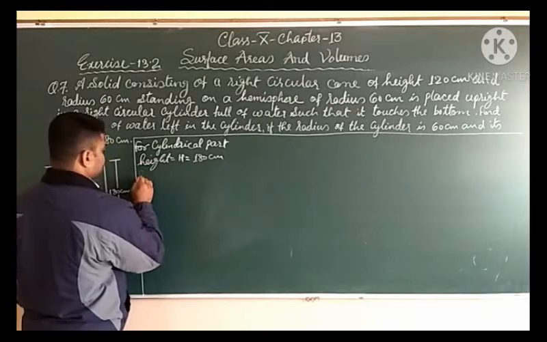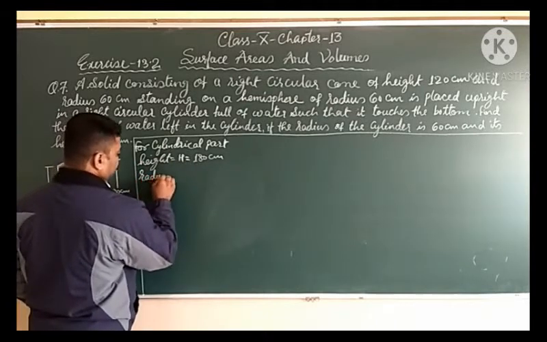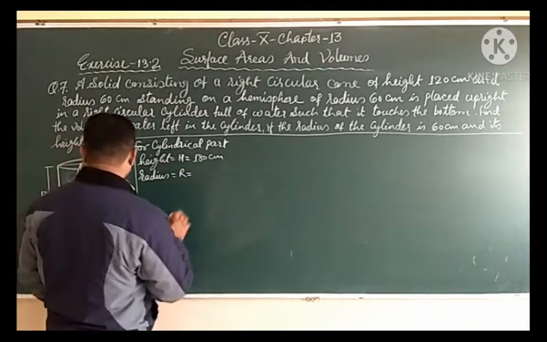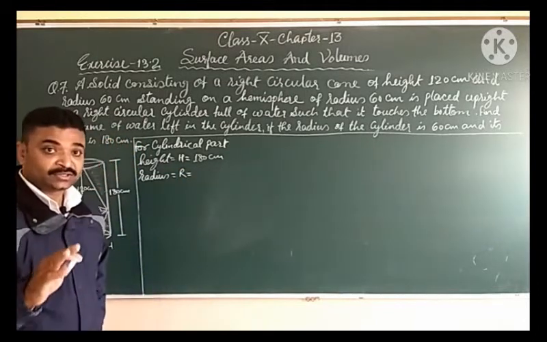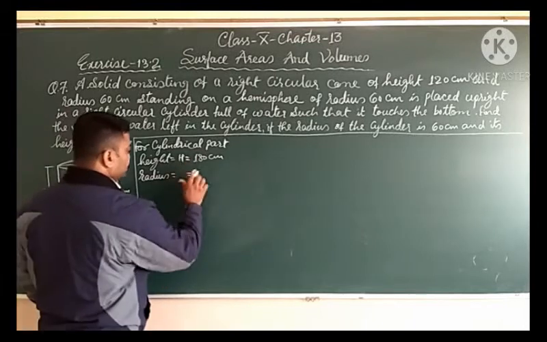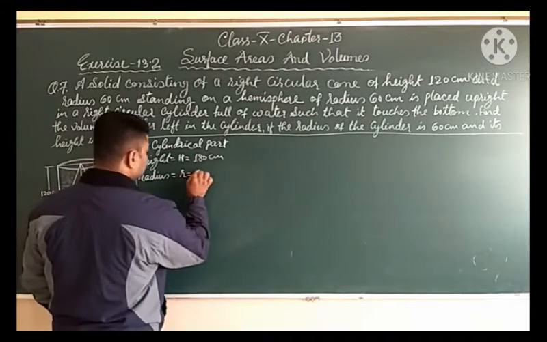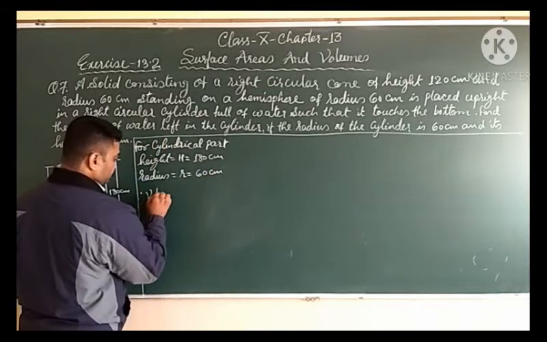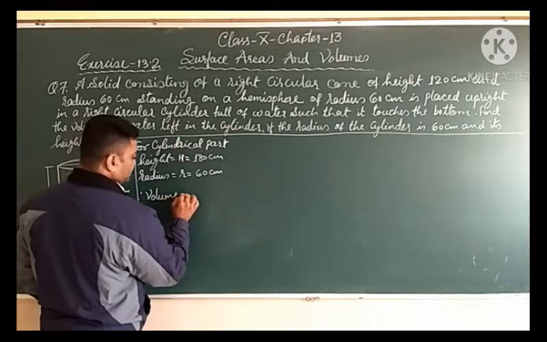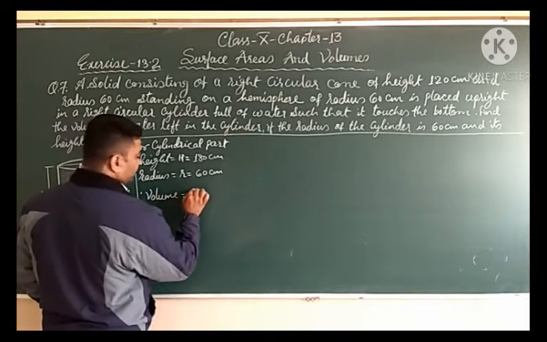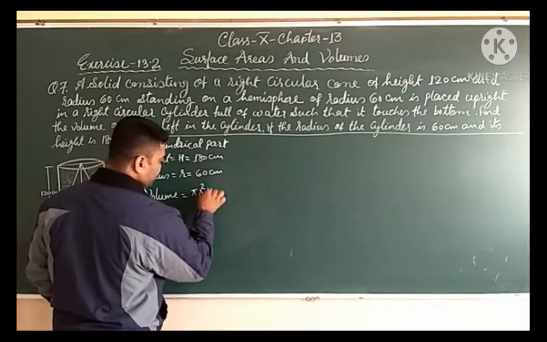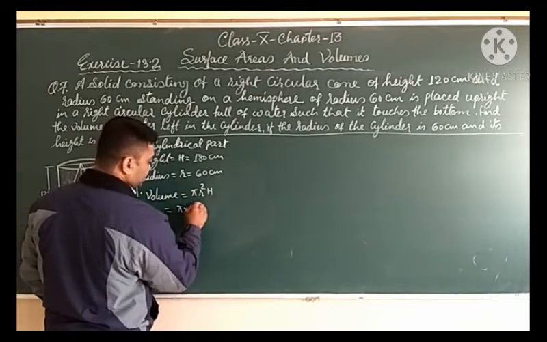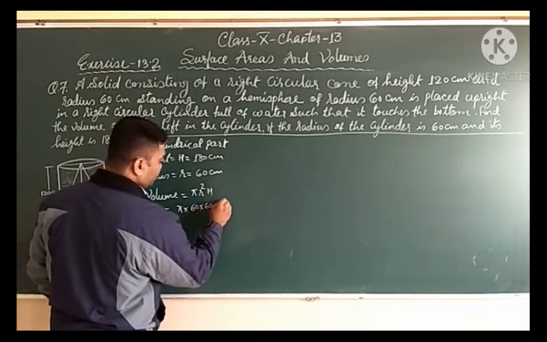Radius r is equal to, see, the radius is the same for all three solids, so we can take simple small r, that is 60 centimeter. Therefore volume is equal to pi r square h, that means pi into 60 into 60 into 180.